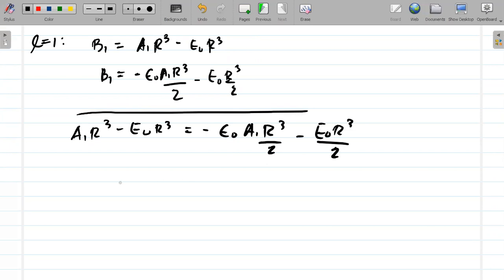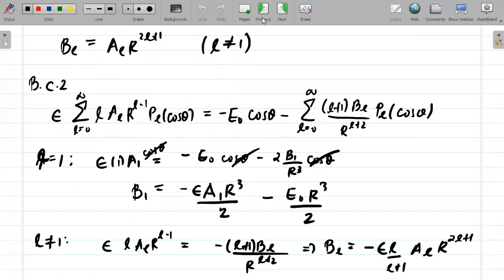Bale, isolate natin yung mga A1. So, A1 times, lahat ng R cube, i-cancel na natin. So, A1 times 1 plus epsilon naught over 2. Tama ba? Epsilon naught ba yun? Second condition, epsilon A1 R cube. Epsilon lang pala to.